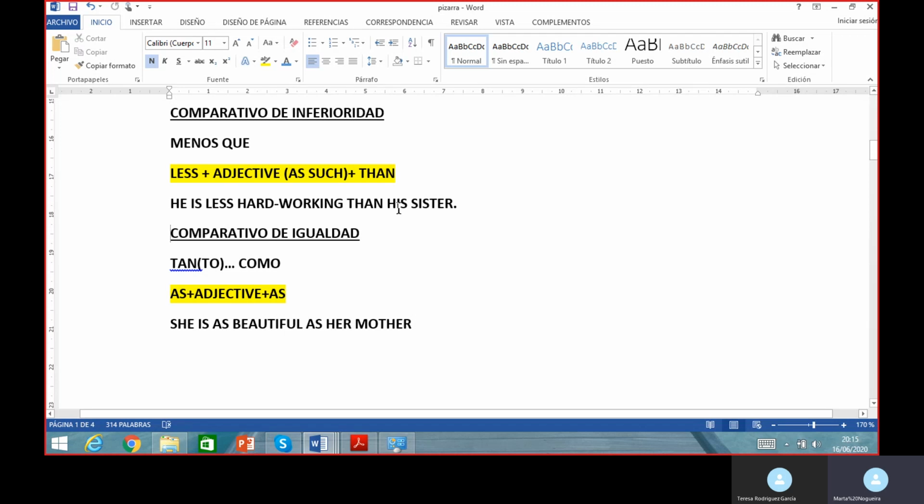He is less hardworking than his sister. Él es menos trabajador que su hermana. Comparativo de inferioridad y luego comparativo de igualdad. As plus adjective, as such. El adjetivo que sea, el adverbio que sea. Los comparativos y superlativos, recuerdo que son para adjetivos y adverbios. Se traduce como "tan" o "tanto como". She's as beautiful as her mother. Ella es tan guapa como su madre, ¿vale?